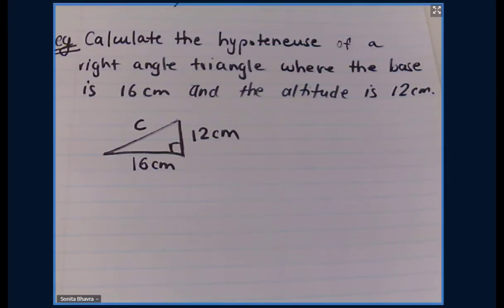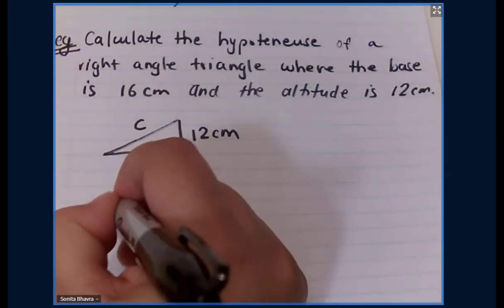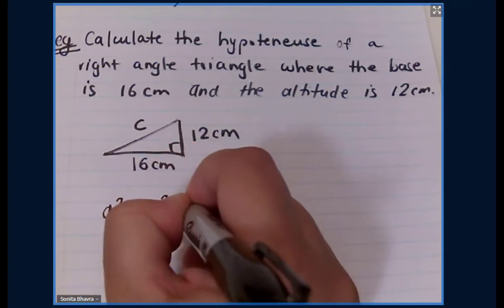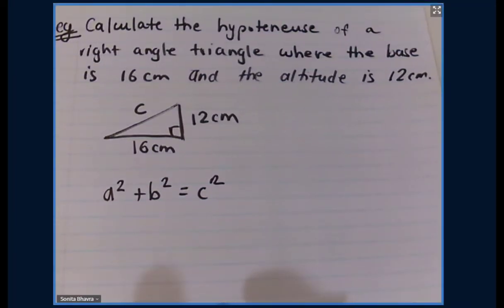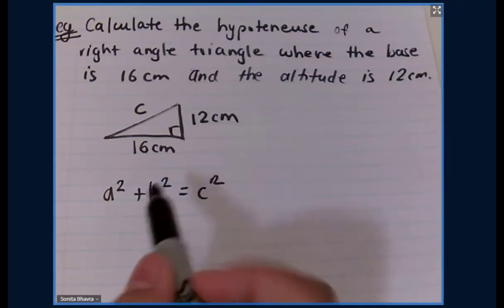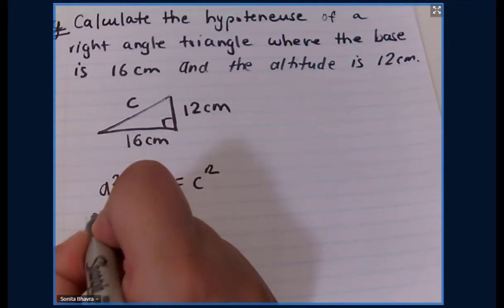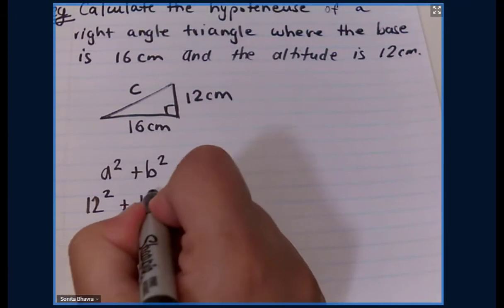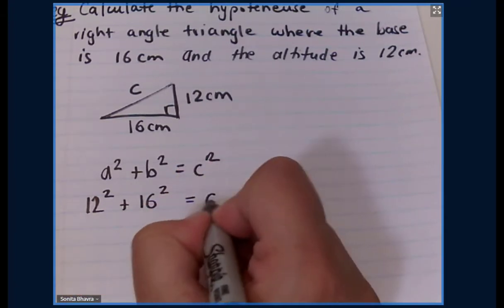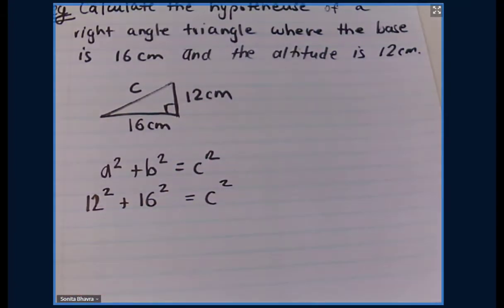All right, so using our formula that a squared plus b squared equals c squared, we can solve for c. So our a is 12 squared, plus b, which is going to be 16 squared, is going to equal c squared.